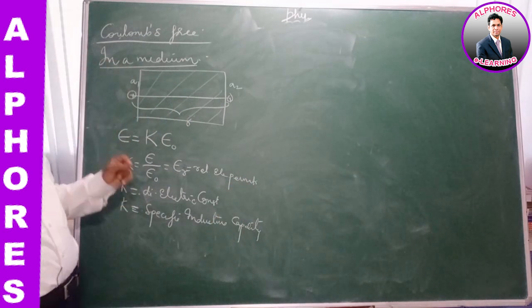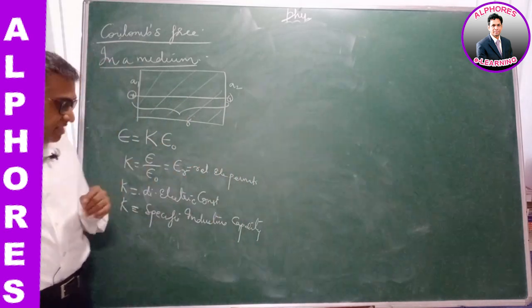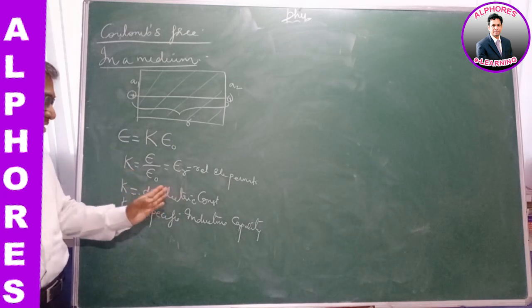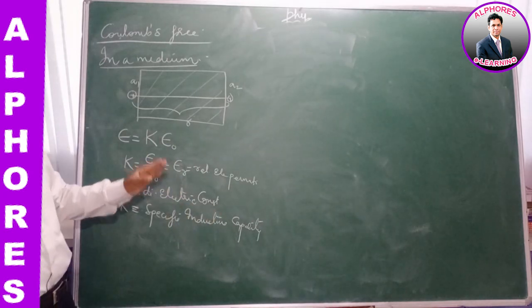So K is termed as relative electrical permittivity or dielectric constant or specific inductive capacity. All the three mean the same.